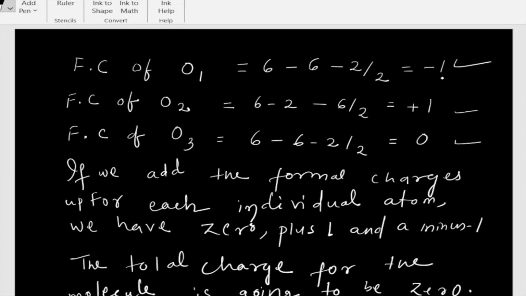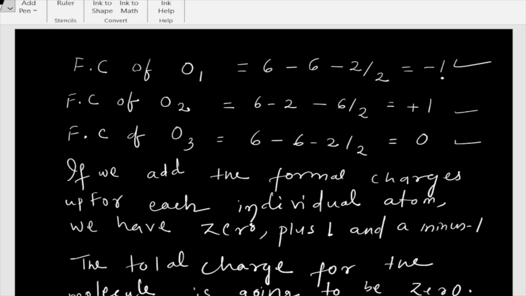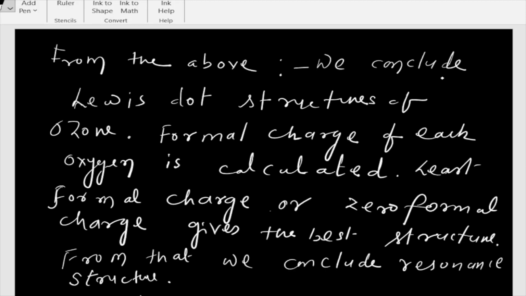Like this you will get the structures. These are your resonance structures. You will see the total charge for the molecule is going to be 0. If you are seeing minus 1, plus 1, then automatically you can say the total charge for the molecule is going to be 0.